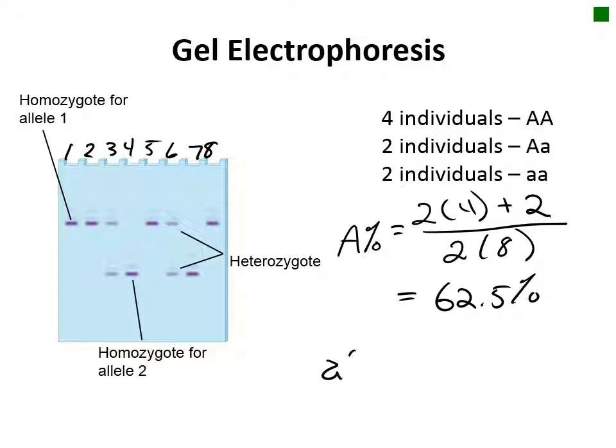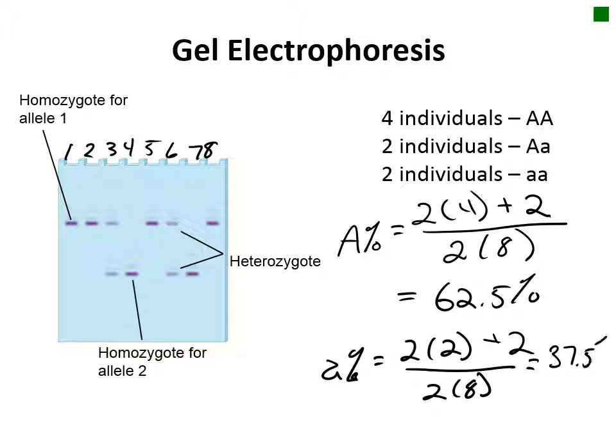Similarly, the recessive allele would be 2 times our 2 homozygous recessive individuals, plus our 2 heterozygotes, divided by 2 times 8, giving 37.5%.